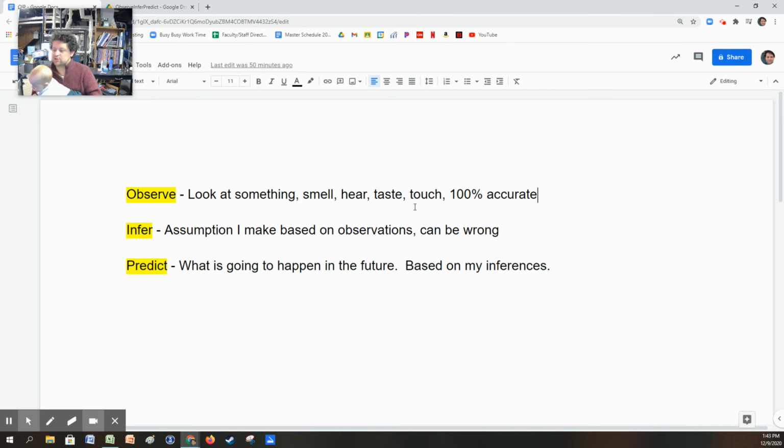All of those predictions could be wrong because they're based on inferences or assumptions that could be wrong. But what science aims to do is make the best predictions. And that means I want to take the best observations I can and use that to make the best assumptions I can, and then use those assumptions to make the best predictions I can.